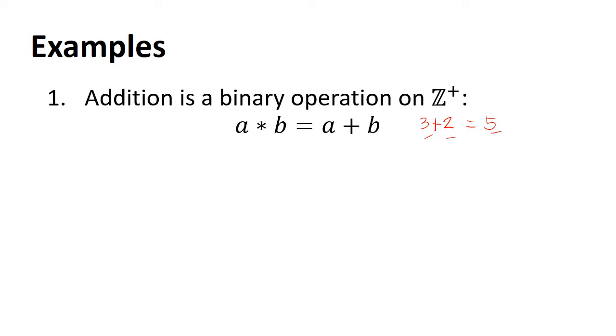Yun lang naman ang requirements para matawag siyang binary operation. You take two inputs from the set, then you get an output which also belongs to the same set where you got your inputs. Addition, therefore, is a binary operation on the set of positive integers.